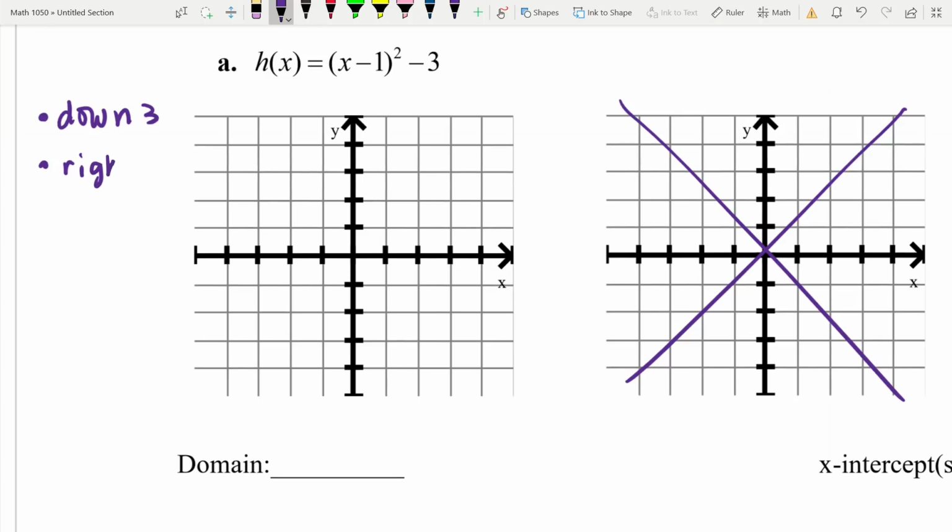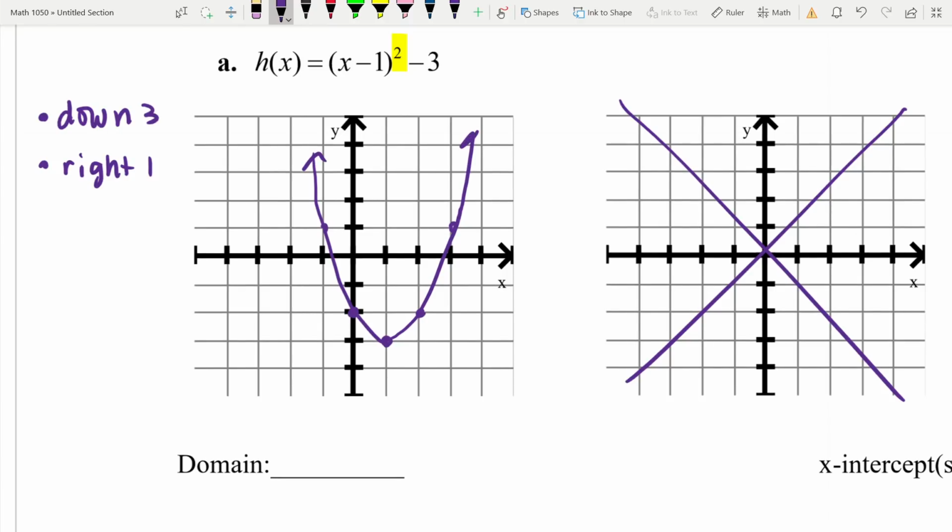It's actually right. So it's going to be right 1. You guys, this is an x squared, so I know it's going to be a parabola. So take your pencil, put it at the origin, go down 3, and right 1. Now it has a normal stretch. Right 1 up 1, left 1 up 1, right 2 up 4, left 2 up 4, draw in that parabola. Looks about like that.